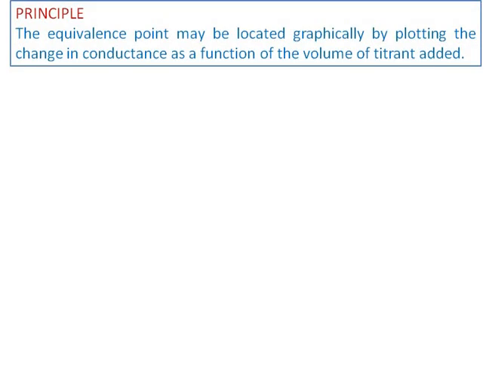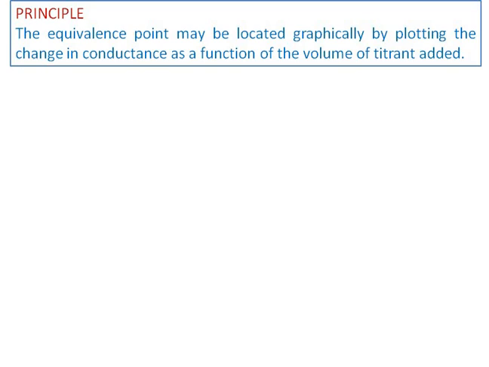Next, how the volume or concentration of solution is determined here. So here is how we will identify the equivalent point during the conductometric titration. Usually it is determined graphically by plotting a graph of how the conductance value varies with respect to the titrant volume.